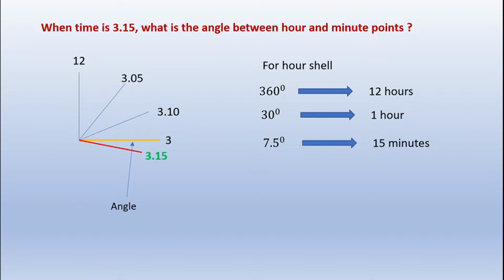So 15 minutes means hour divided by 4. So when 30 degree divided by 4 it gets 7.5 degrees. So angle between hour and minute points is 7.5 degrees. This is how we can get the angle.